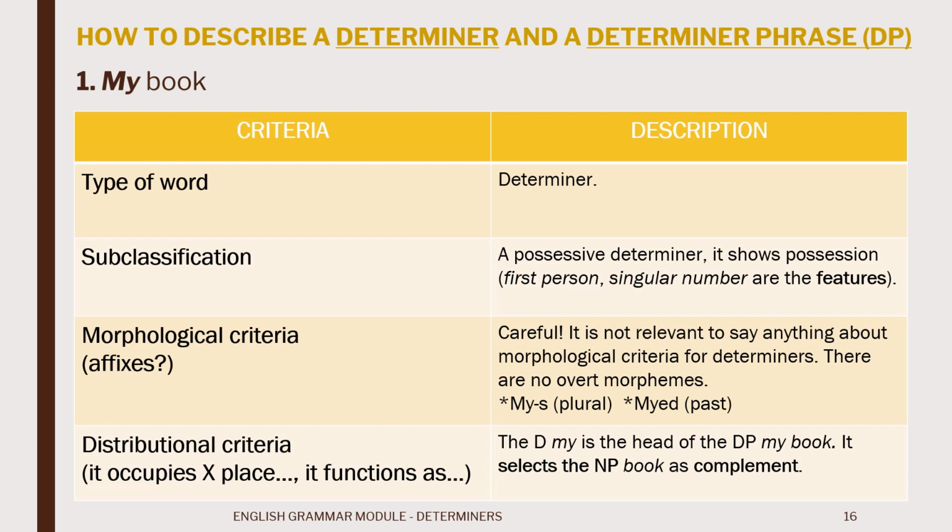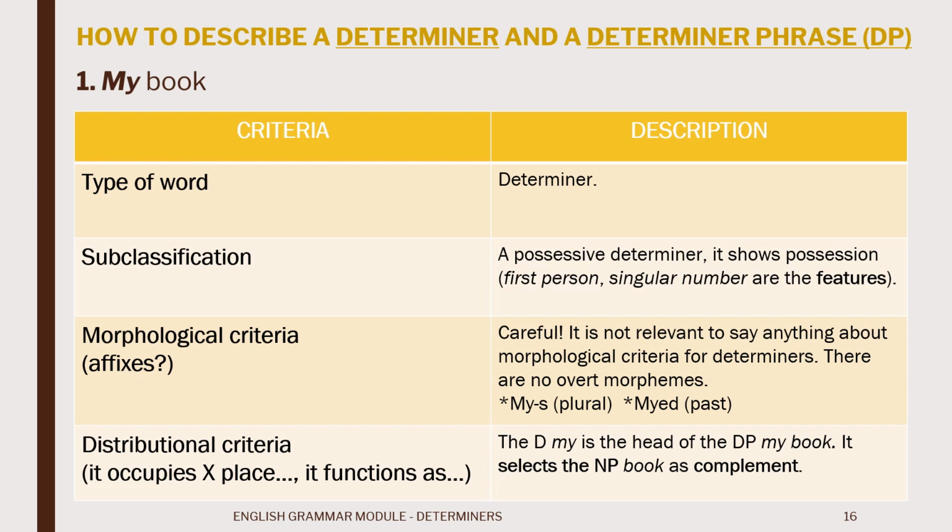All right? Now let's pass on to morphological criteria. Are there any affixes attached to this word? Well, you know now, because of the explanation and descriptions from the previous slides, that it is not relevant to say anything about morphological criteria for determiners. Why? Because these are invariable words, okay?